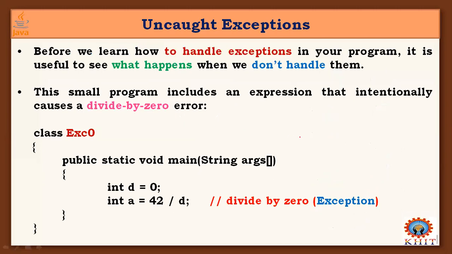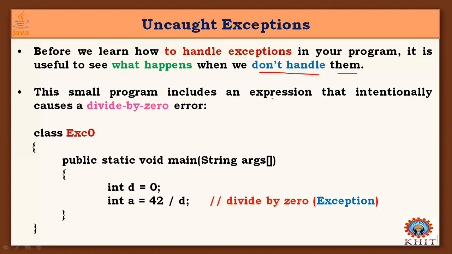Before we learn how to handle exceptions in our program, it is useful to see what happens when we don't handle them. Generally, exceptions occur at runtime during our program execution. What happens when we don't handle them? It creates a problem for us, right?